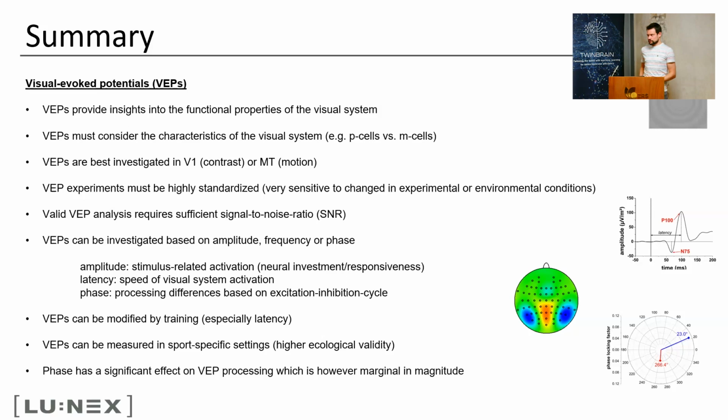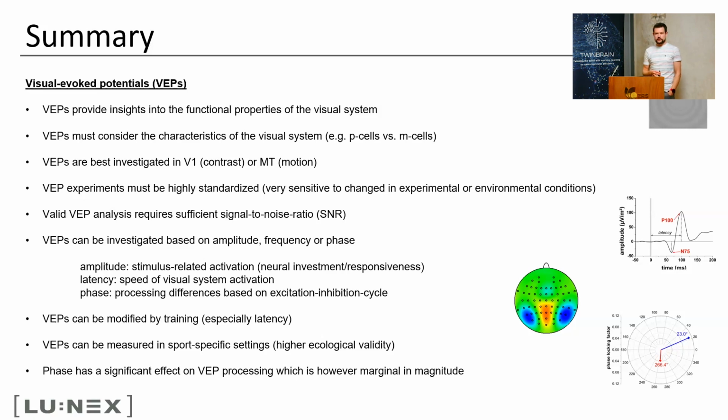The latency, of course, is very important, especially for our studies with the athletes, as an indicator of the speed of neural activation of the visual system. And the phase, what I presented at the very end, maybe differences in the processing depending on the phase the signal arrives, although with the limitations that I have just indicated.